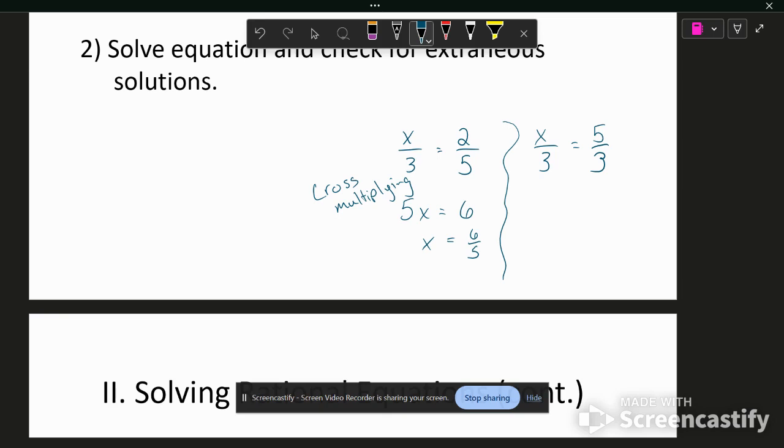Same way, right? I'm not trying to trick you at all, but I want you to see this next step. So if I do 3x, and say, for instance, I just don't simplify, 3 times 5. What do I do to get x by itself? I divide both sides by 3.